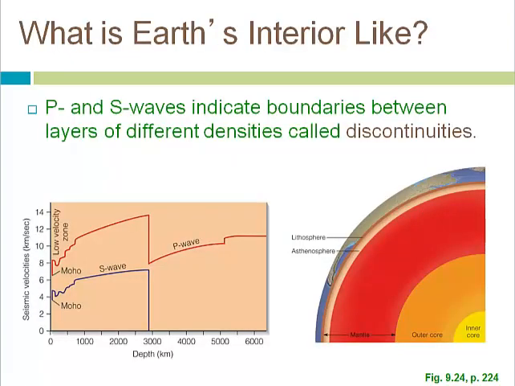Then, as we get these discontinuities, they also occur very near the surface. This little blip right here is called the MOHO, which is Mohorovicic. I can't say his name.